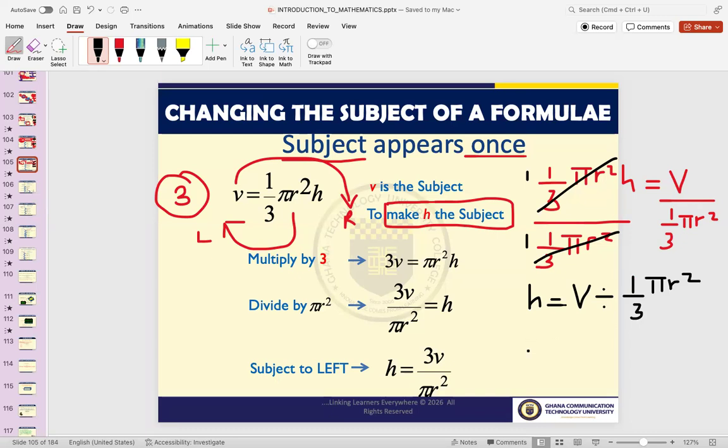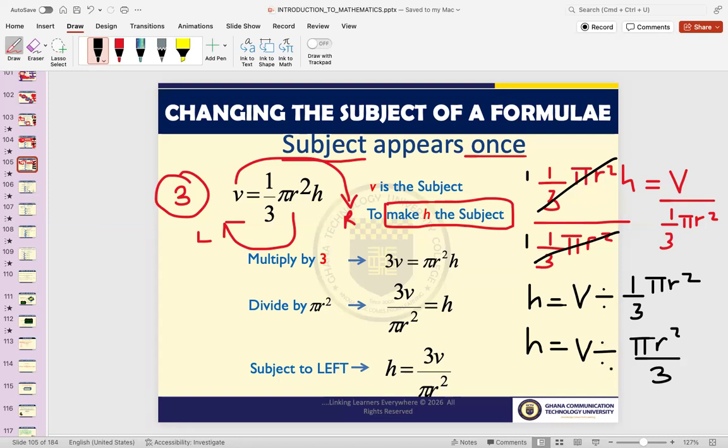Then the next thing to do is to tidy up the side. We write our V divided by, so this 1 multiplied by pi r squared, you have the same thing, pi r squared divided by 3.